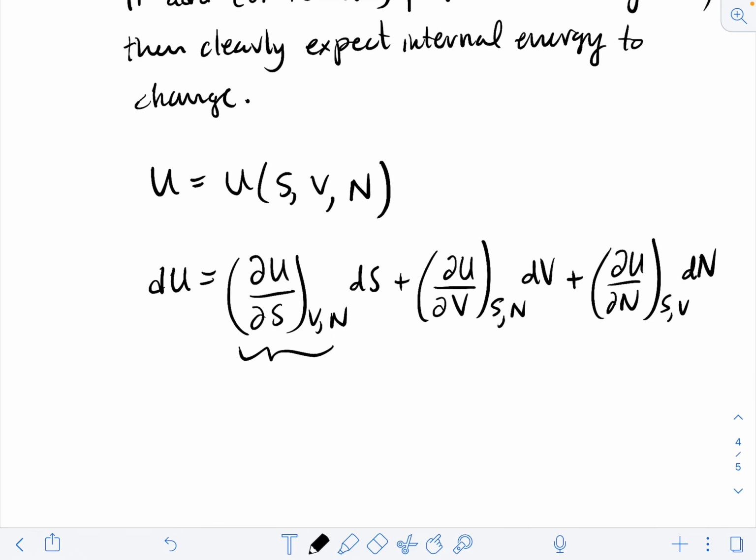This first partial derivative is temperature, so that we get the TdS. The second partial derivative is minus the pressure, so we get minus PdV. And we'll identify this third partial derivative as the chemical potential.